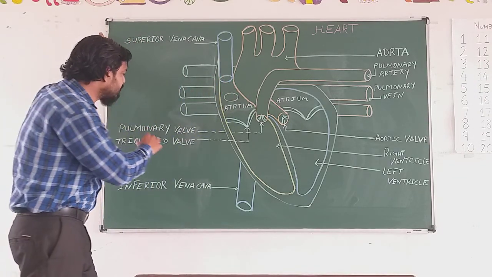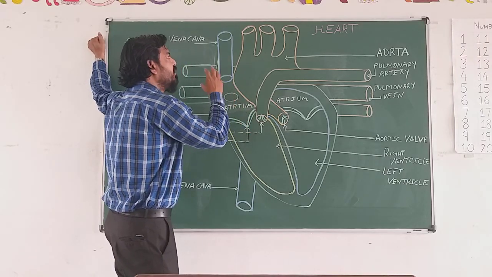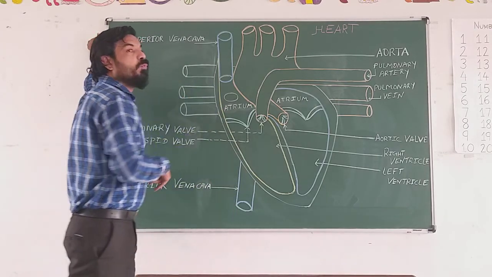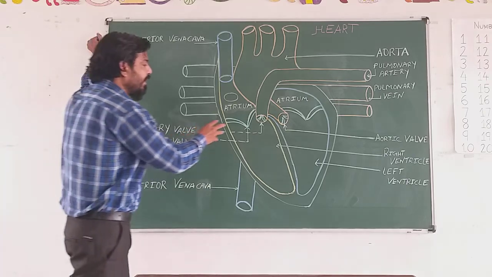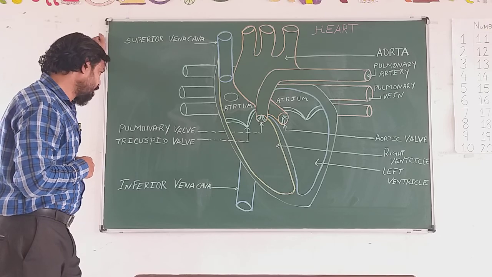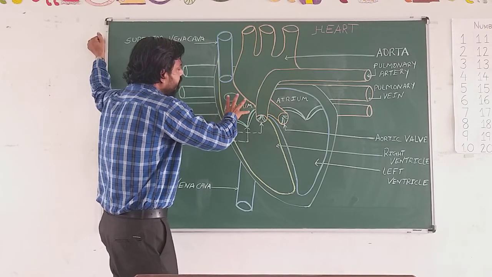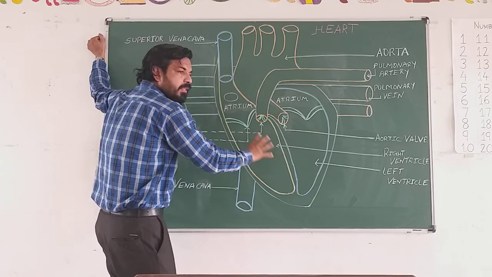That means this valve helps to protect the deoxygenated blood flowing in from the superior vena cava and inferior vena cava. So the tricuspid valve is very important. Understand? Now, this atrium collects the blood and sends it on the right side.